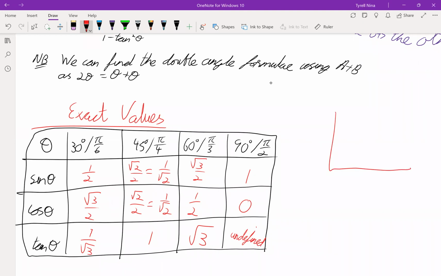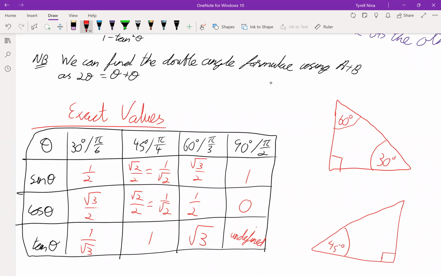There's a triangle you learn off. Just learn off this triangle here. If this is 30 degrees, this is 60 degrees.